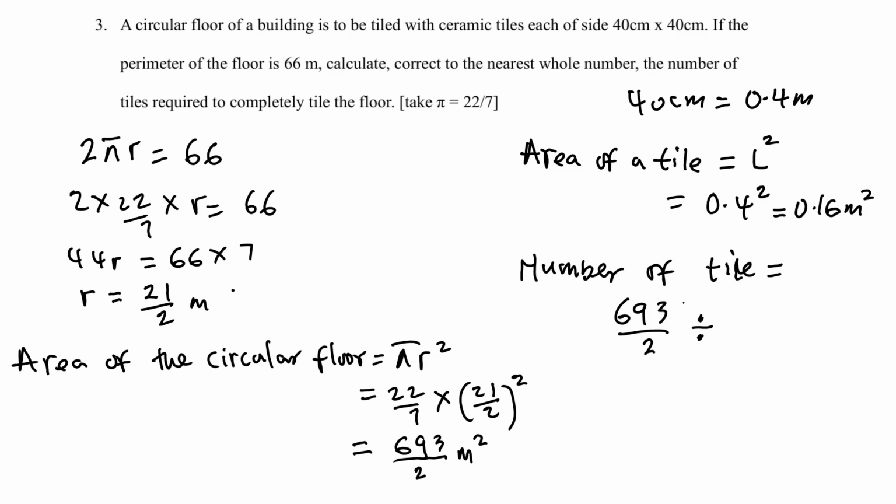The area of one tile is 0.16. So the number of tiles required will be 2165.625. So approximately that will give us 2,166 tiles required for the flooring.